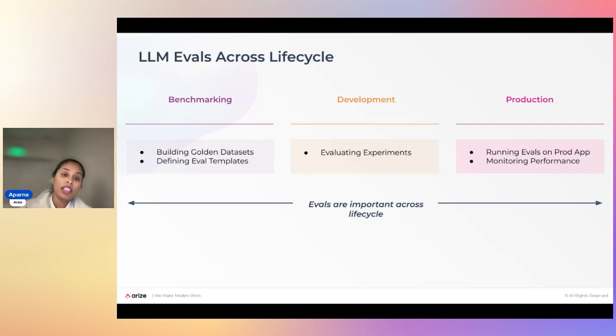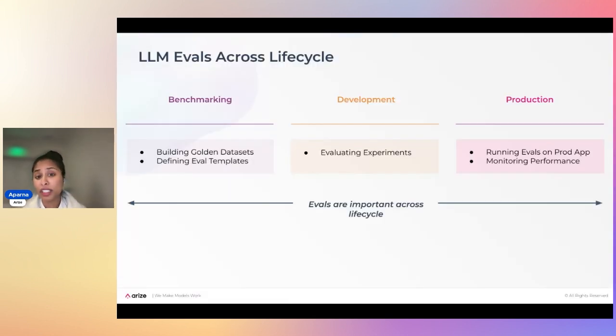Then they want to use those same evals when the application is deployed into production, to monitor performance, such as the number of hallucinations happening in production. So you want to use the same templates, and often the same frameworks, to run offline but also online in production.